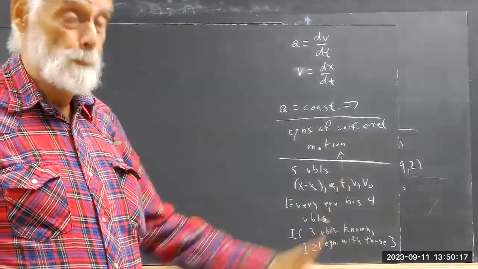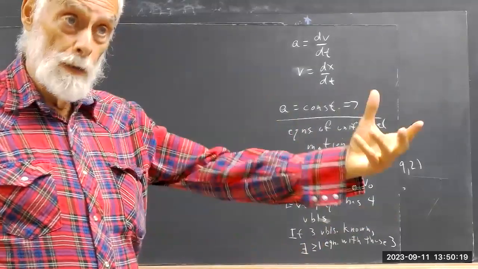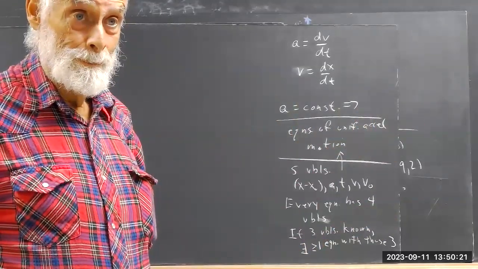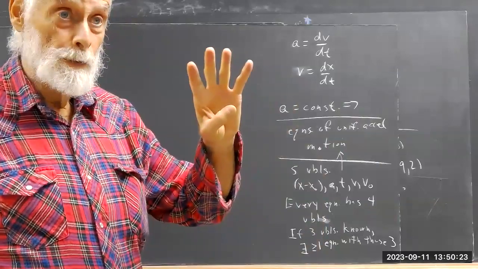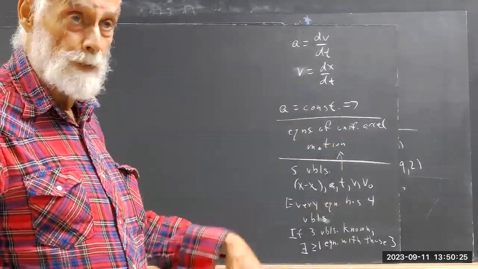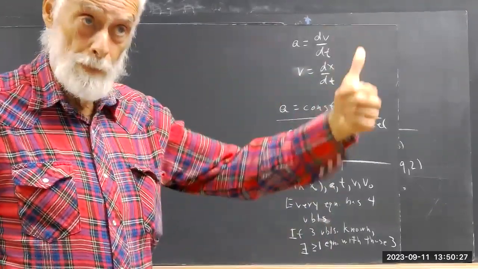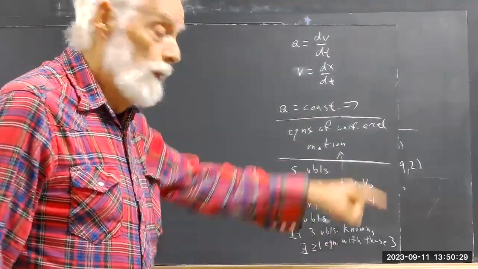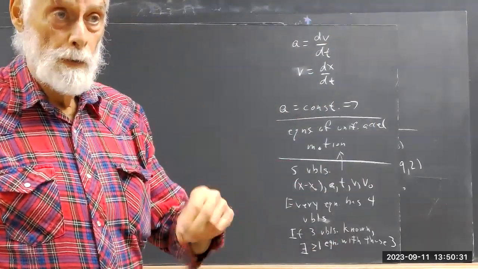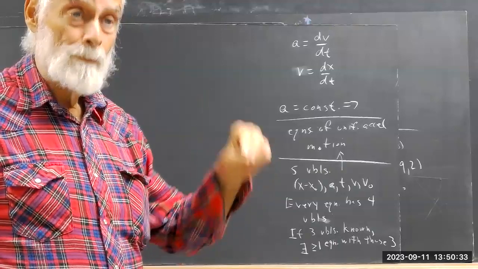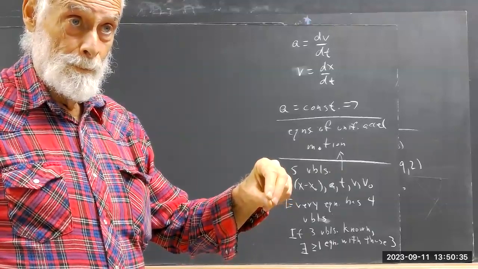If there are 4 variables and you know 3 of them, you can solve for the one you don't know. Then you know 4 variables and you're home free. You just pick the equation that most easily gives you that 5th variable and you get all 5 of them and you've solved the uniform acceleration problem. That's where you are. Okay.